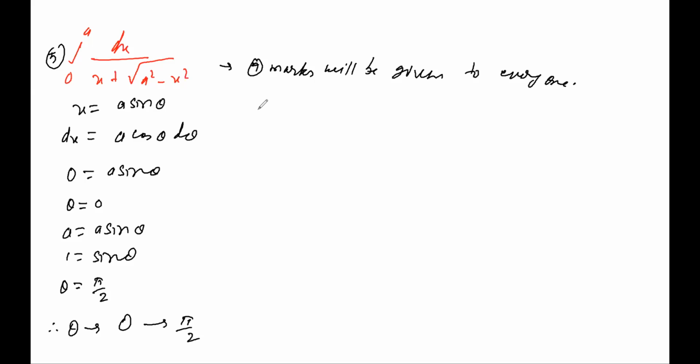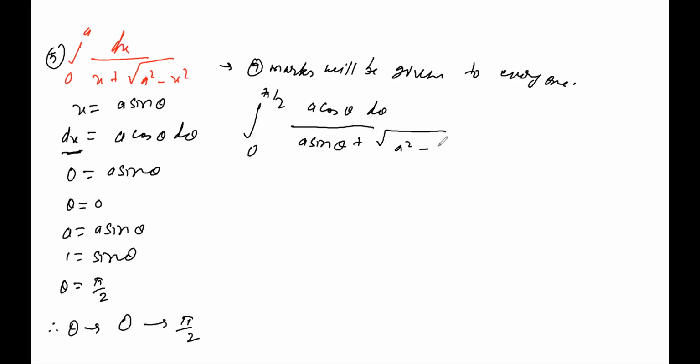So our question will be reformed as integral from 0 to pi by 2. In place of dx we got a cos theta d theta, upon x, and in place of x we write a sine theta plus under root a square minus a square sine square theta, because in place of x we assumed a sine theta.